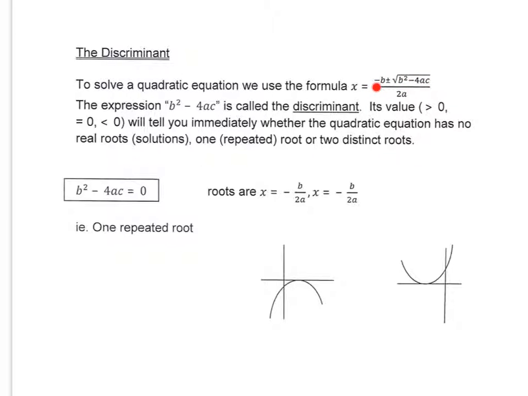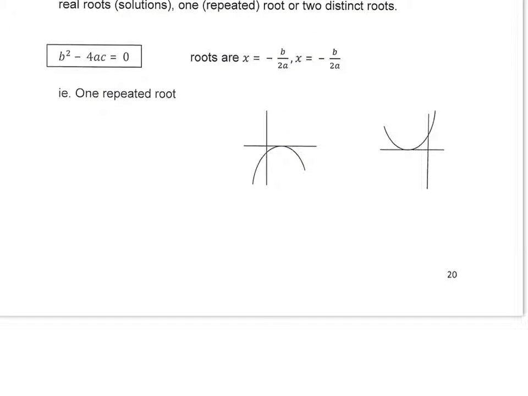So all you're left with is minus b over 2a. That means we've only got one solution, a repeated solution, and graphically that means the curve will touch the x-axis once and once only.